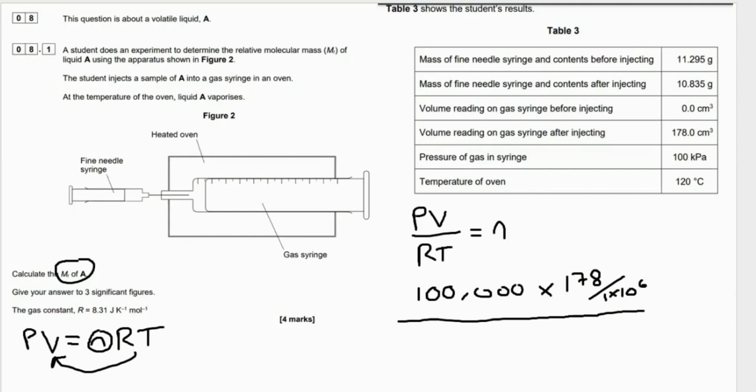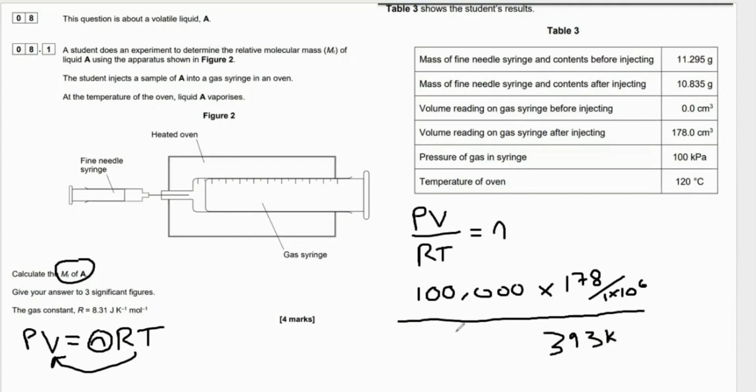Now, the next little thing that we've got to do is come up with the temperature. The oven is 120. We need to convert that into Kelvin. So 120 in Kelvin: 273 plus 100 is 373 plus 20 is 393. Sorry, it took a while for my brain to work there. And of course, what is R?